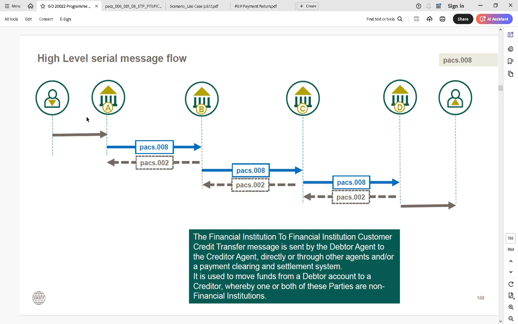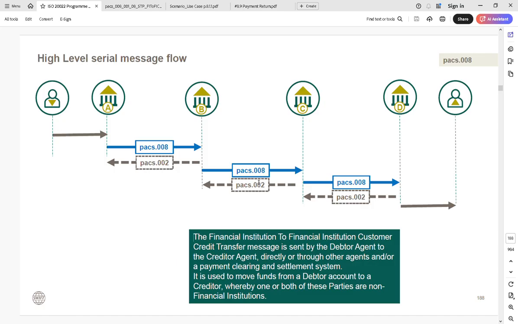And we have discussed in this flow that whenever a debtor and a creditor are sending payment, every time a PACS is sent from the previous instructing agent to the next instructing agent, meaning debtor bank to the creditor bank, a PACS2 is also generated in between, which is kind of a status message.